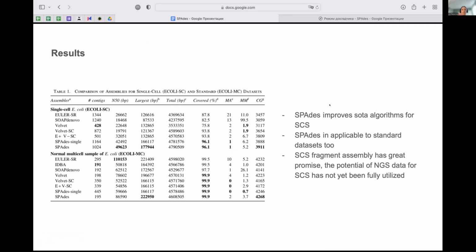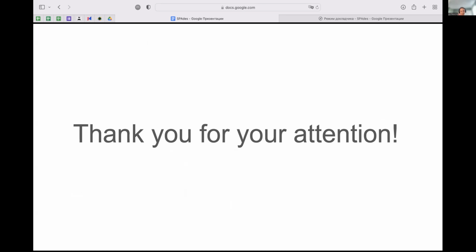SPAdes is moreover applicable to standard datasets too, not only to single-cell sequences, but to the usual ones as well. And for single-cell sequences, fragment assembly has great promise. The potential of NGS data for single-cell sequencing has not yet been fully utilized. So this is the end of our presentation.